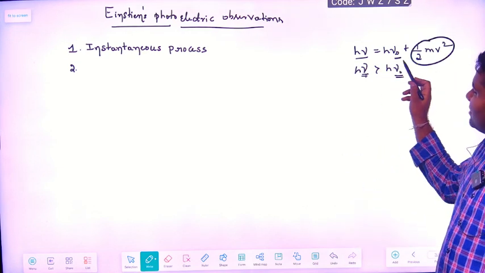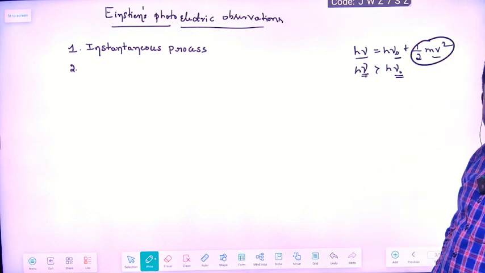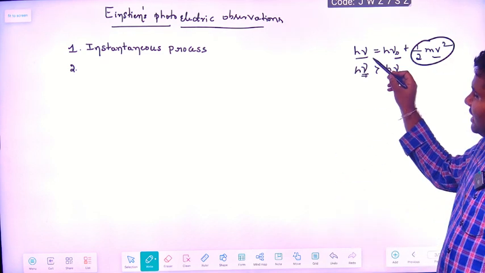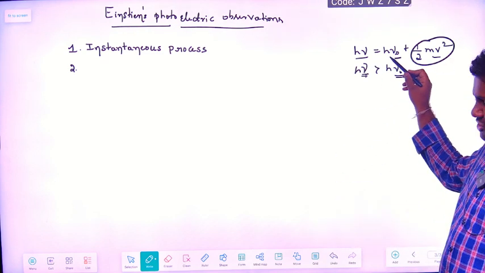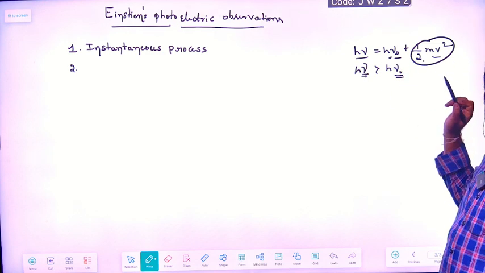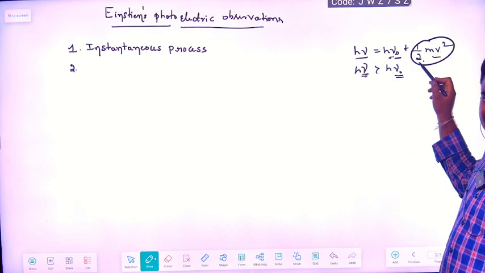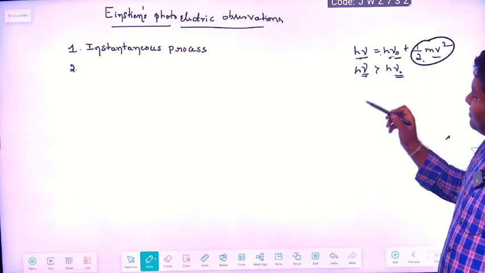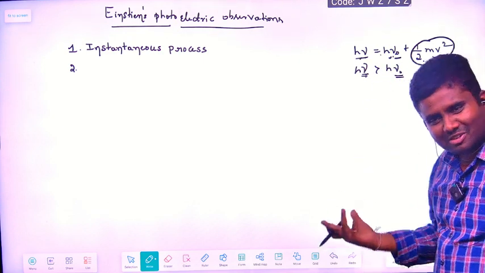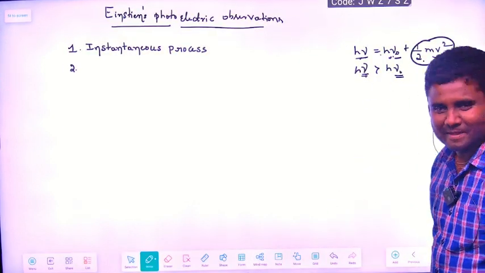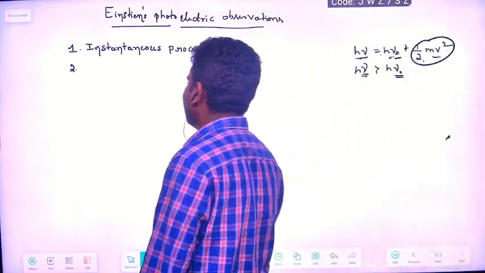If it is greater, half mv square will be there. If the incident energy is less than the threshold energy, the photoelectric effect will not take place. Understood? Now write the second point.